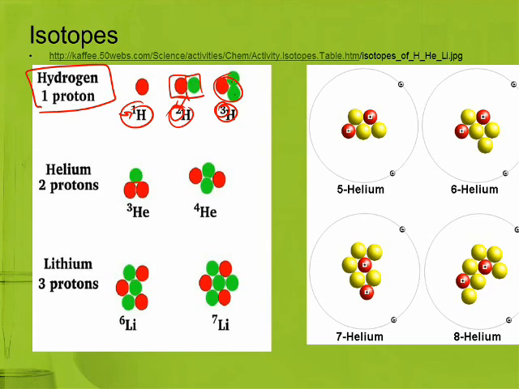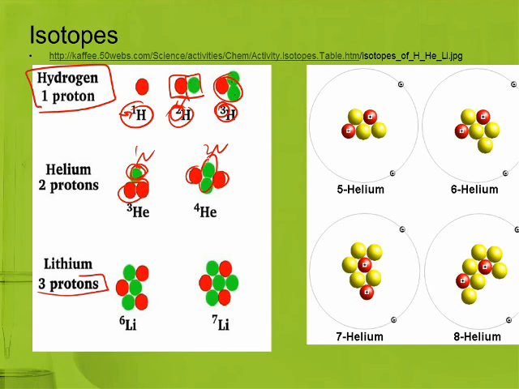Isotopes of helium, 2 protons. They all have 2 protons, of course. This one has 1 neutron, and this one has 2 neutrons. They both have 2 protons though.